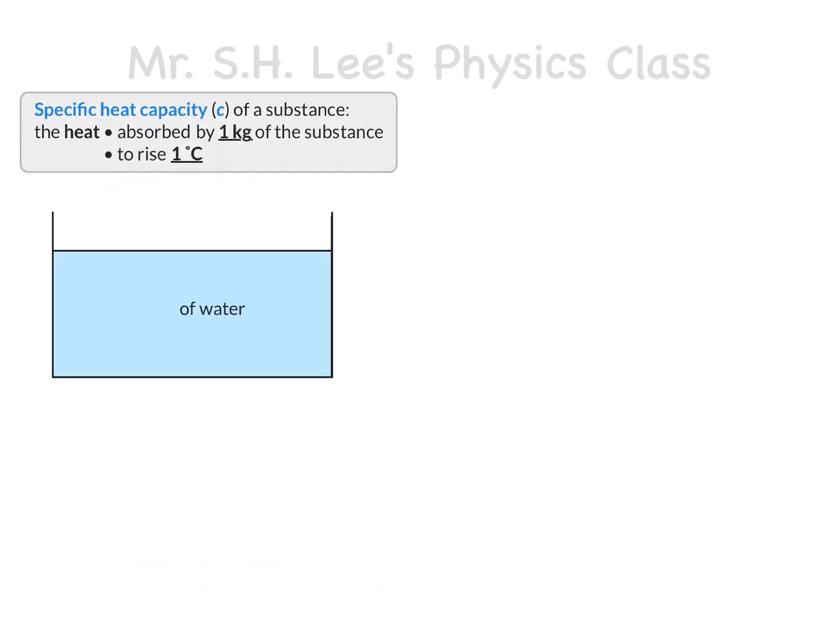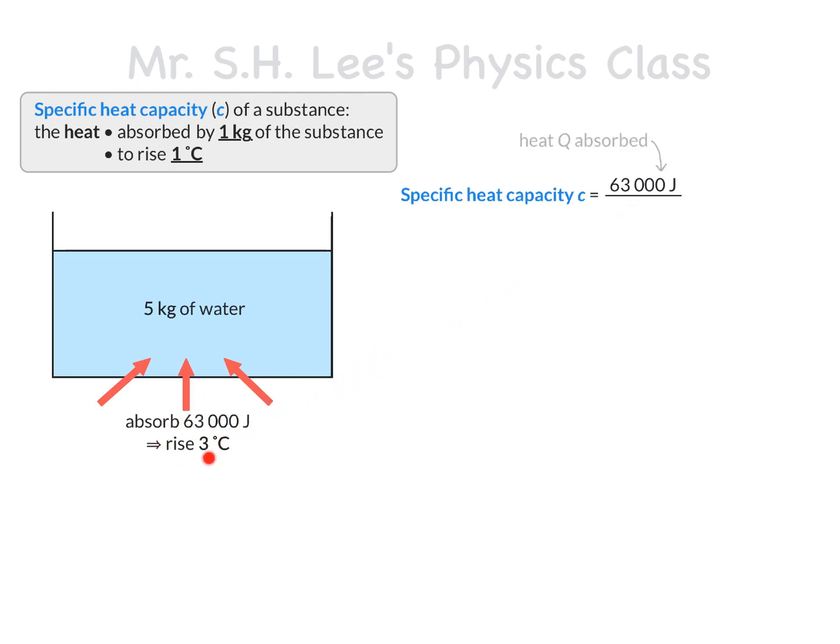Let's take water as an example. Suppose through an experiment, it is found that 63,000 joule of heat is needed to raise the temperature of 5 kg of water by 3 degrees Celsius. Then the specific heat capacity c of water, that is the heat to be absorbed by 1 kg of water to rise 1 degree Celsius, is then given by the heat absorbed, 63,000 joule, divided by the temperature rise 3 degrees Celsius.